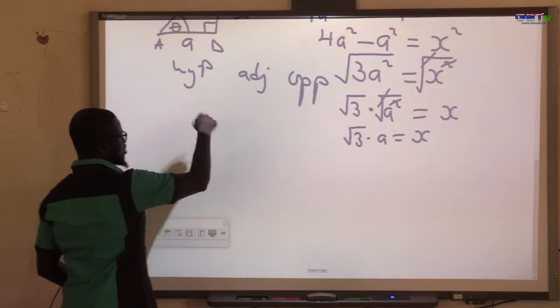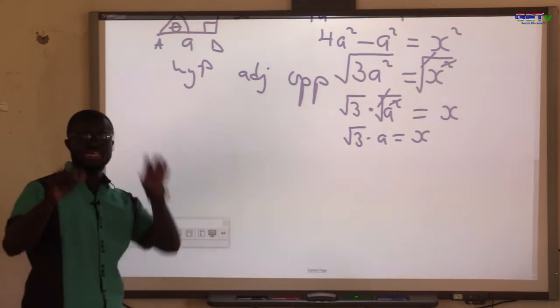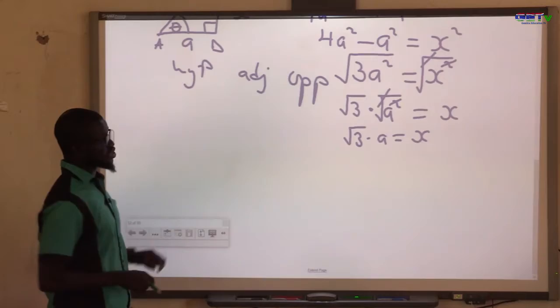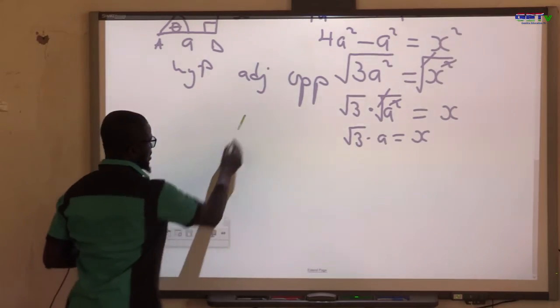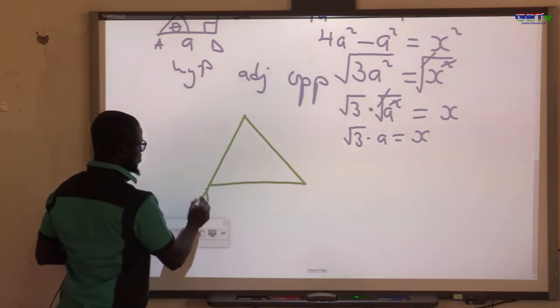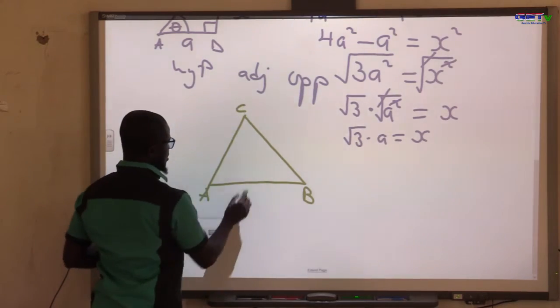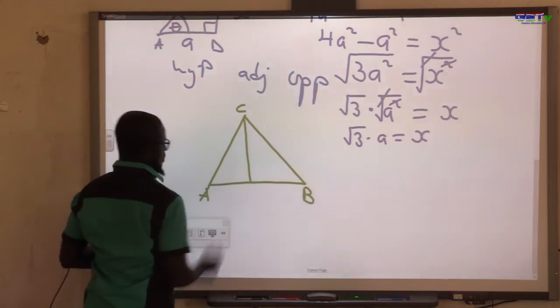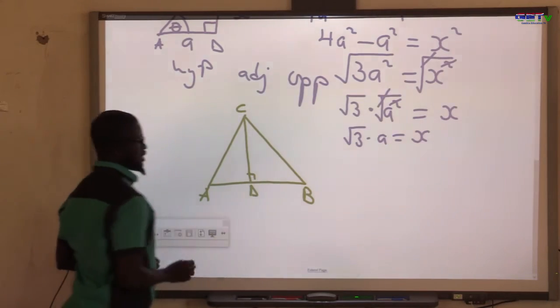Now, since we are able to know the height of the isosceles triangle, I can draw it again here, and we show all the values that will help us to indicate the trigonometric functions of 30 and 60 in our table. We are going to get our diagram like this, where this angle is A, this is B, and this was C. Then this is D. Remember we said this angle is 90.